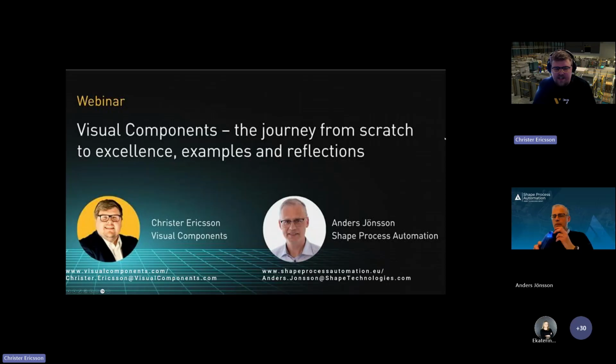The idea is that if you have further questions, you can reach out to us directly, or the preferred way is to go through our respective websites, use the contact forms, and somebody from your territory will reach out to you. Whether it is a question for Shape Process or for Visual Components, please use the contact forms on the websites.